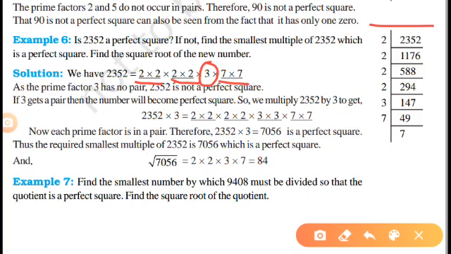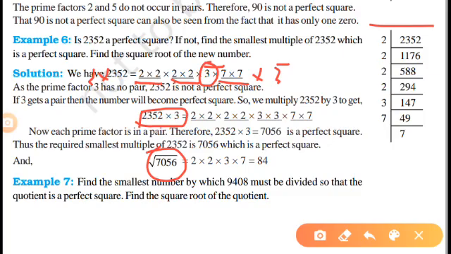So in order to make it a pair, we have to multiply it by 3. So now this 3 will be paired with this 3 and it will be a perfect square. But if we multiply on the right side, to maintain the equality we have to multiply by 3 on the left side as well. So the number will be this.